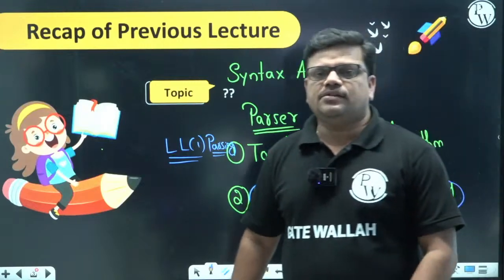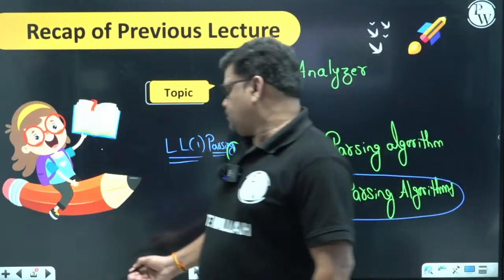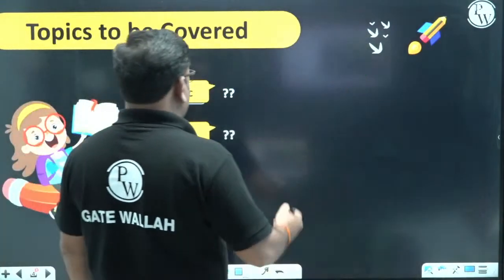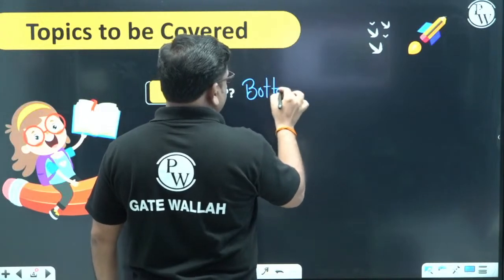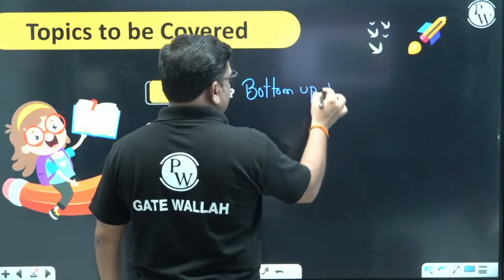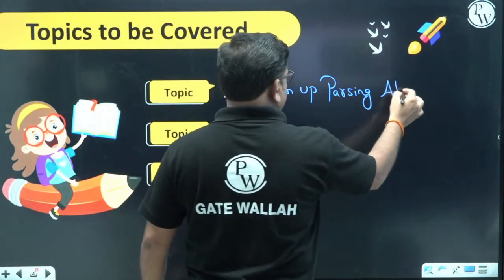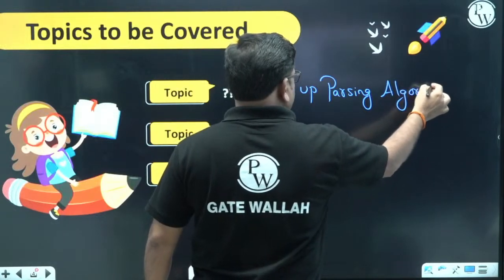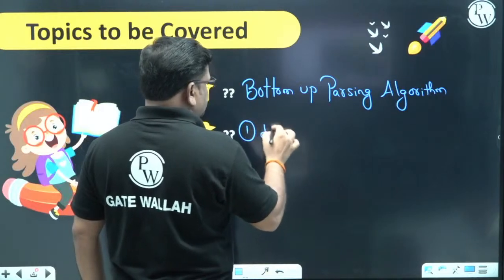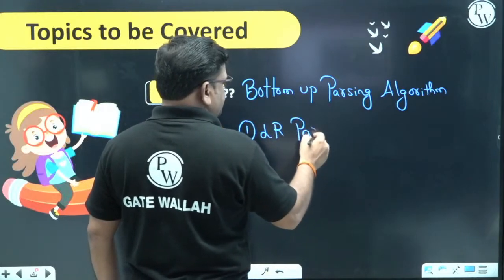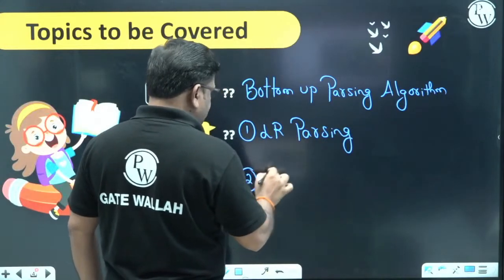In bottom-up parsing we have different varieties, and in today's class our discussion is completely on bottom-up parsing algorithms. Mainly we have two: LR parsing and operator precedence parsing.